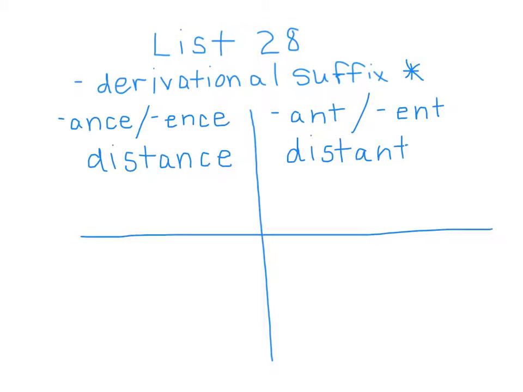All right, you are going to go ahead and fill in the ANCE and ANT words. I'm going to go ahead and begin talking about the ENCE, ENT words. All right, the very first ENCE word that I come to in my pattern words list is the word obedience.